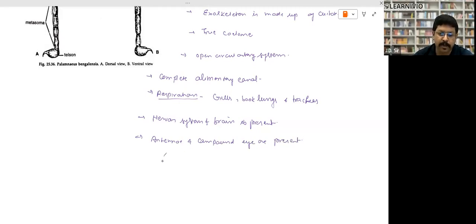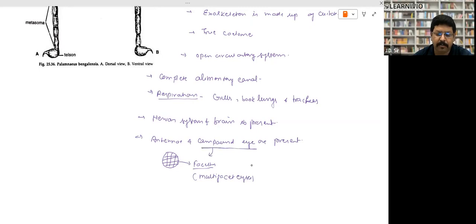So what are compound eyes? They are also called multifaceted eyes. If you see the eye of a fly, a mosquito, or any insect, their eyes are made up of small tiles, right? These tiles are known as facets. As they have multiple facets, these kinds of eyes are called multifaceted eyes, and are also known as compound eyes, right?